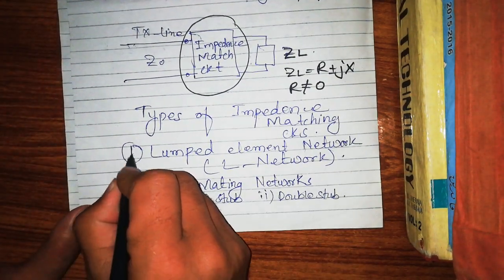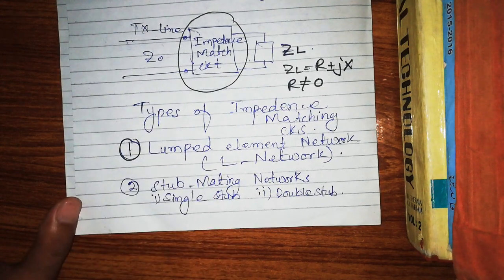The first type is the lumped element network, also called L networks. Actually, these are a combination of capacitors and inductors. We use capacitors and inductors, and we can come up with different designs, but there are limitations of each of these impedance matching circuits.